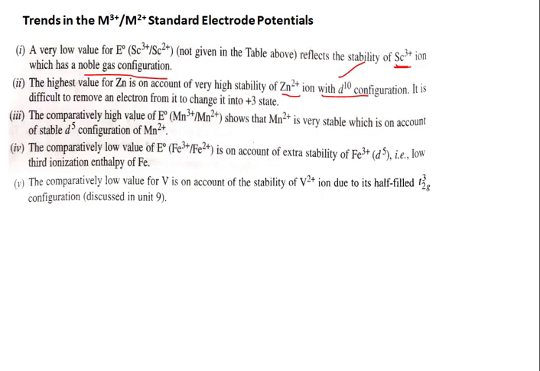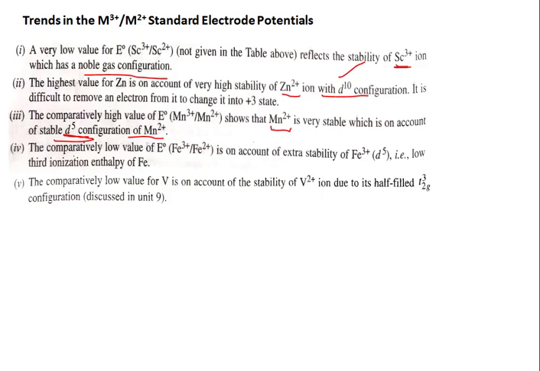Then comparatively high value of E0 is shown by Mn3+ to Mn2+. This is very stable on account of, again, if you remember the electronic configuration of all these ions in +2 and +3 oxidation states, I think it will be easier to remember these. So whenever there is any change in stability factor, just go to their electronic configuration and you will get the idea.